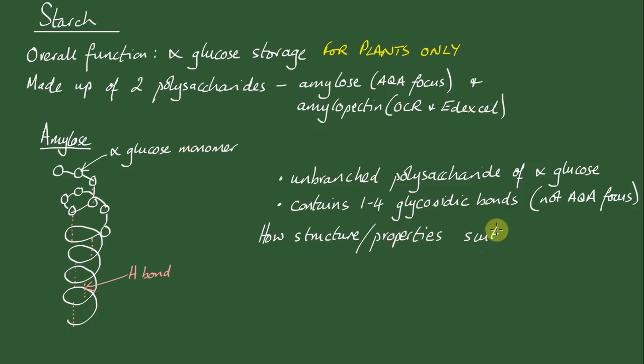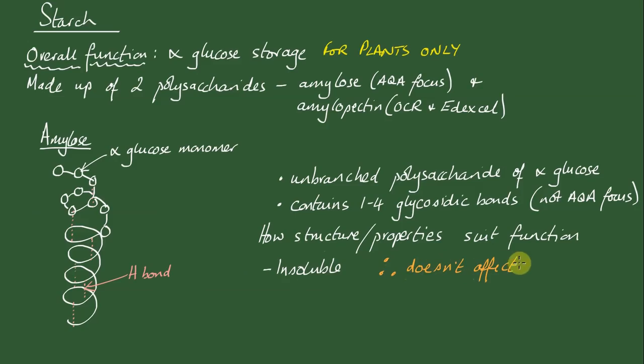So how does the structure relate to its function? Remember, the overall function is alpha-glucose storage. Number 1, it is insoluble. It's a large molecule, and large molecules often are insoluble. And importantly, that means that it doesn't affect the water potential of the cell. Those 3 dots mean therefore.